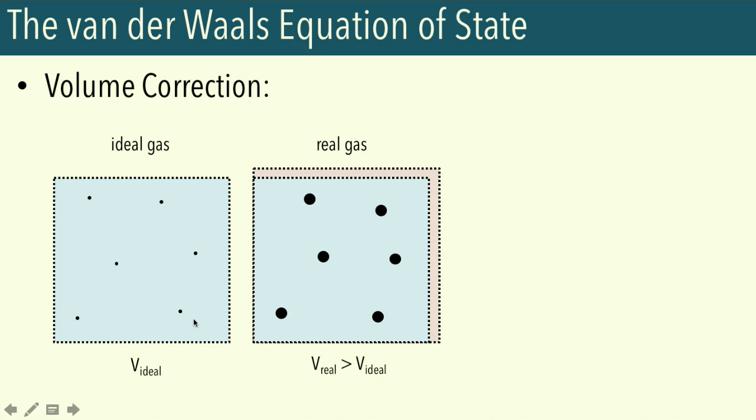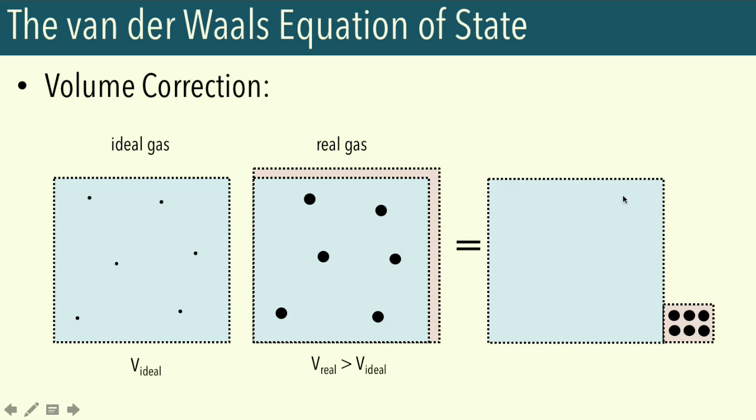In particular, this is actually the volume occupied by our real gas. The volume of the real gas is expected to be greater than the volume of the ideal gas. We could visualize this by separating the volume of our gas molecules. So we could represent the volume of our real gas in the following way. We have the ideal gas volume represented by this blue part over here, and the volume of our gas molecules represented here.